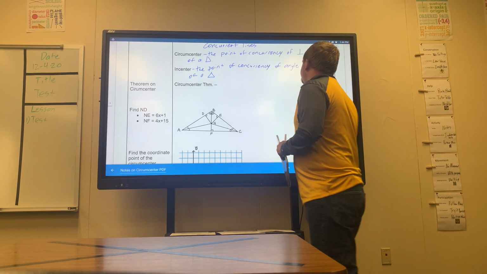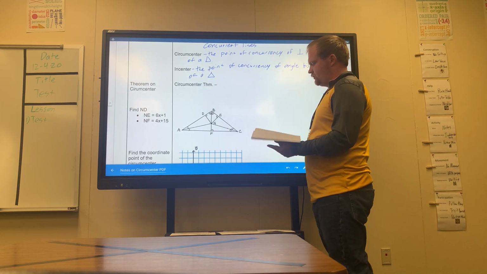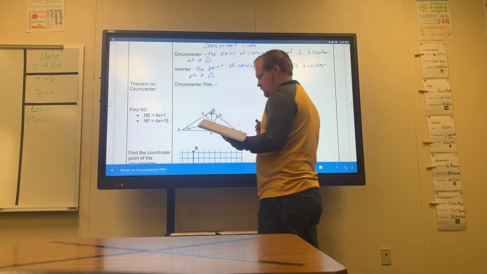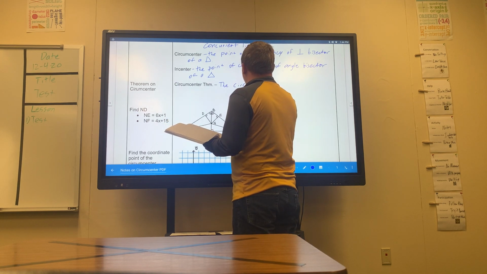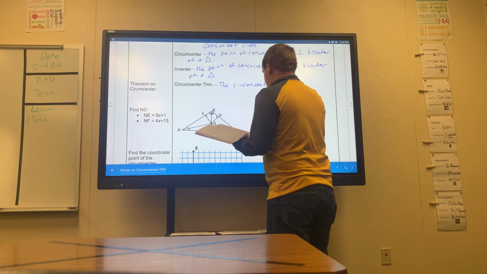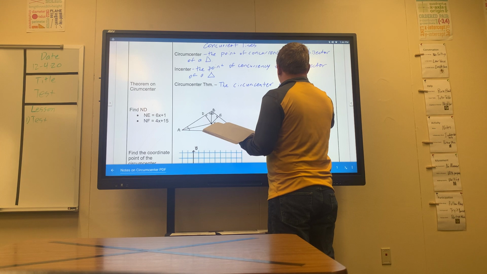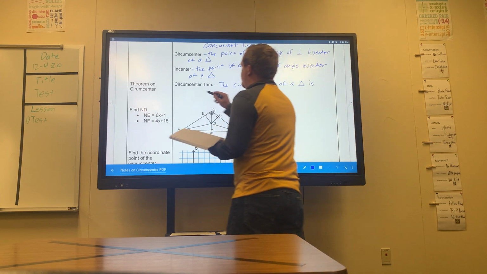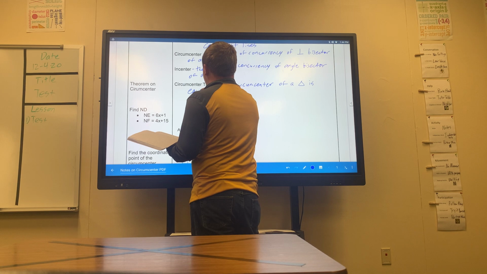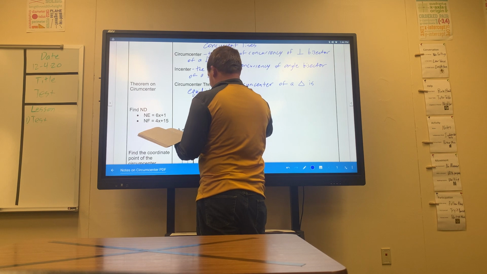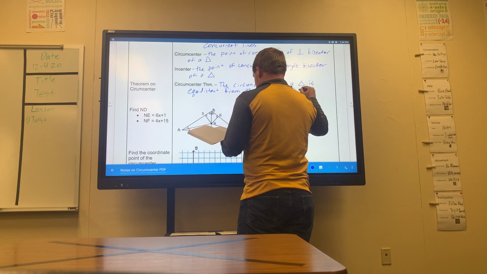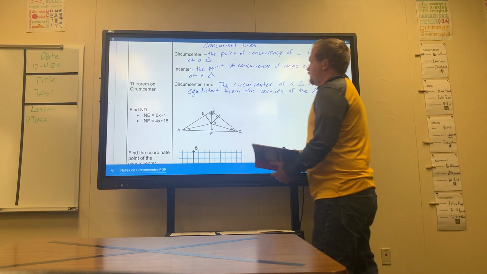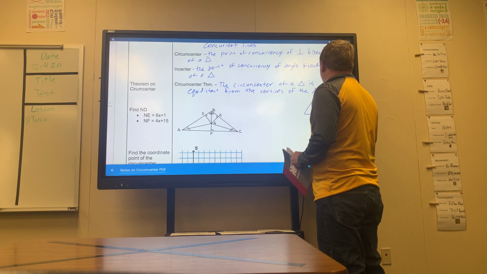So, for example, for a circumcenter theorem, the circumcenter of a triangle is equal distance from the vertices of the triangle. So basically, here's what's basically going on.